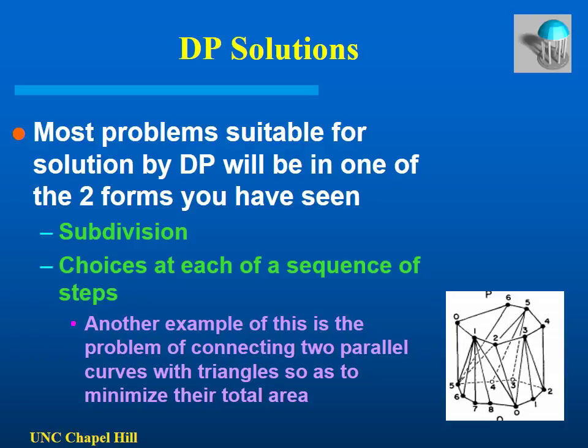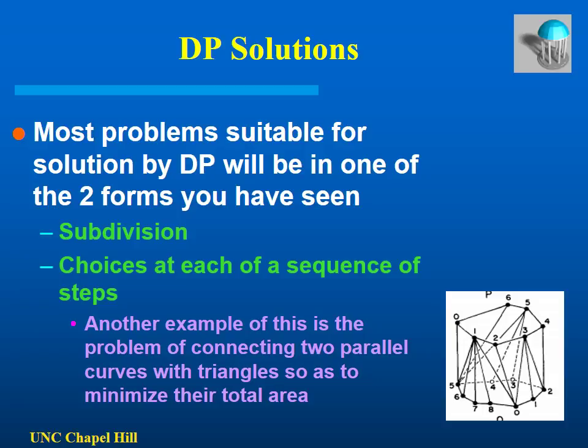Most problems for which you will want to use the dynamic programming paradigm to solve will be in one of the two forms you've seen. The first, where you have to make subdivision decisions at each stage, and the other in which you have a sequence of steps and have to make choices at each stage.